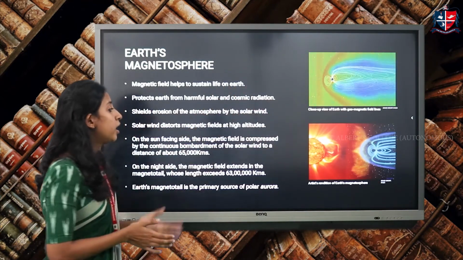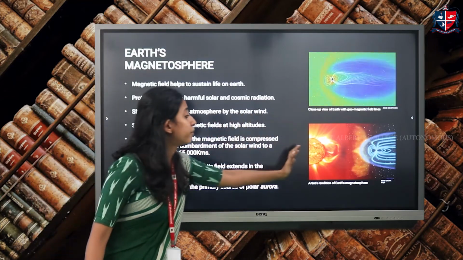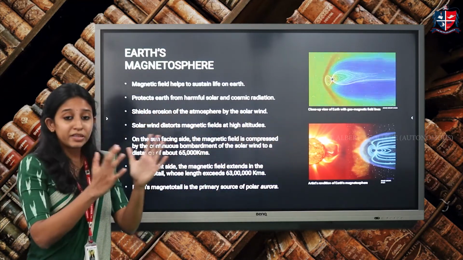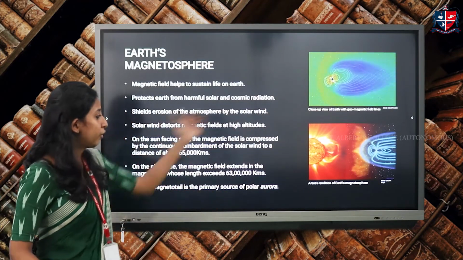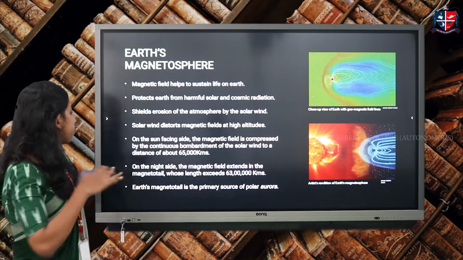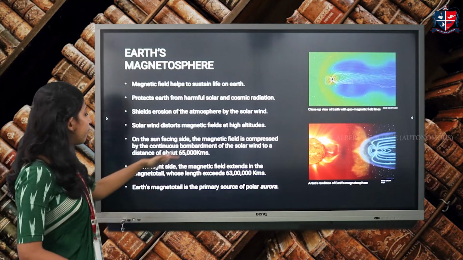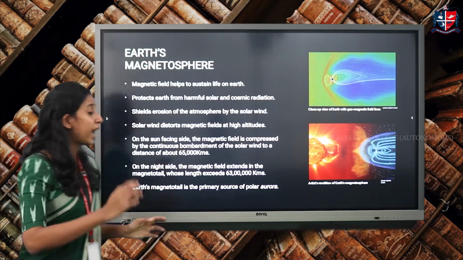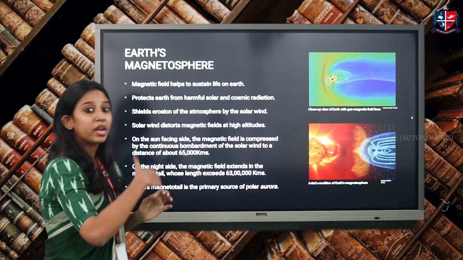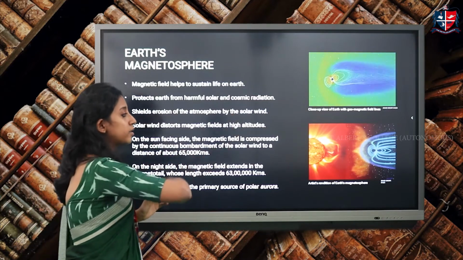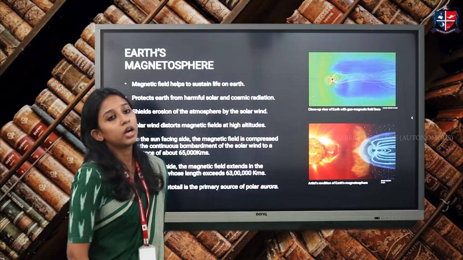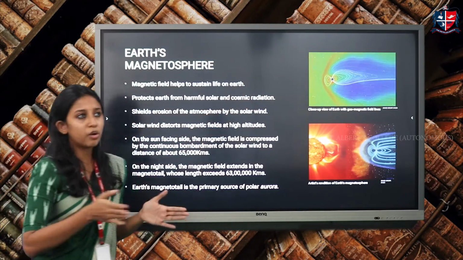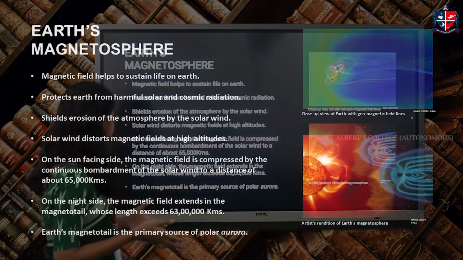The reason is that the solar radiation coming from the sun compresses the sun side of the magnetic field, causing it to look like that, and this extends over a region of 65,000 kilometers. On the other end, on the night side, the magnetic field is extended like a tail. We call that a magnetotail.